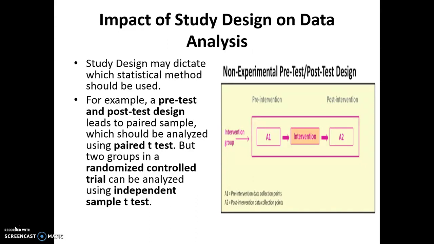That's a pre and post design, and this will create a paired sample. So if we want to compare the blood pressure before and after, we have to use the so-called paired t-test. But if we have a randomized controlled trial, the two groups are independent of each other and not paired, so we use the independent sample t-test.